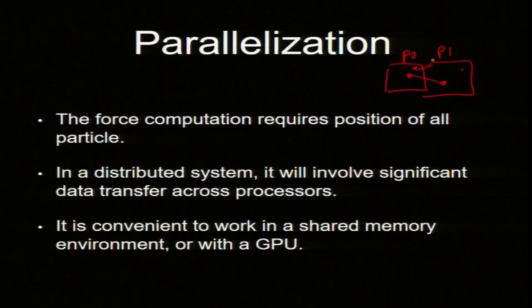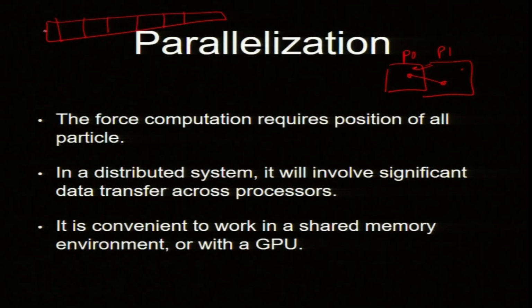Now, how do I keep track? I have to keep track of these particles when they are crossing the boundary. Okay, keeping track is not a problem, but these particles you are putting in an array, right. So, particle 0's position and velocity are here. Position, which my algorithm needs only. So, all these are here.